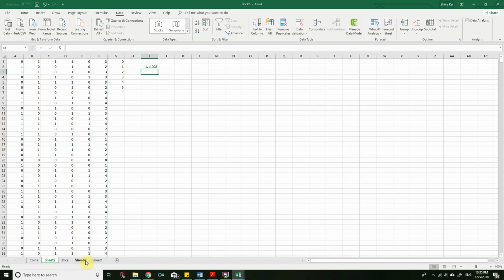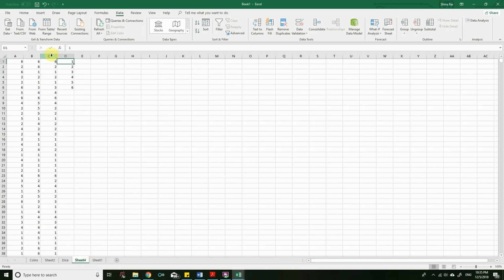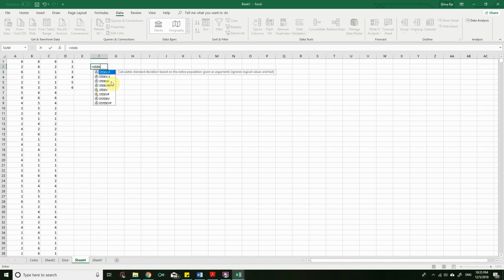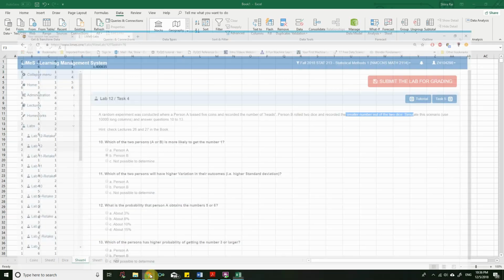And then let's go for worksheet number 4 and find the standard deviation here also. This is C1 up to C10,000. 1.40. So of course B has the higher standard deviation. Person B has the higher standard deviation.